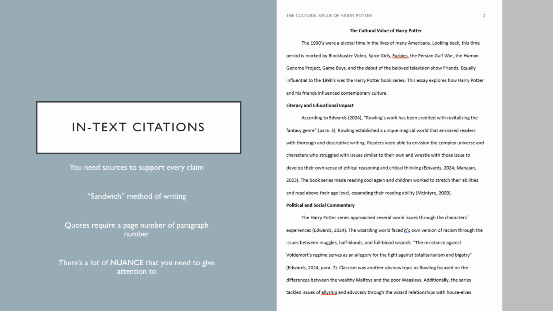So number one, the biggest thing that you really got to understand is you have to have sources to support every claim that you make. So if you're writing a paper and you're going to state that the sky is blue, I need a peer-reviewed paper that says and supports the statement that the sky is blue.